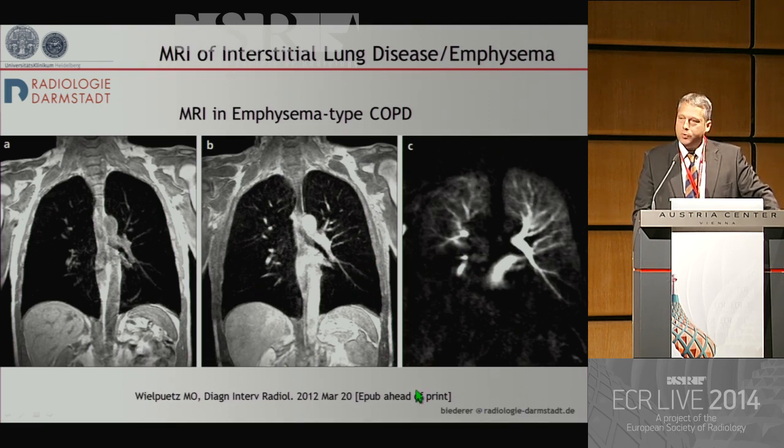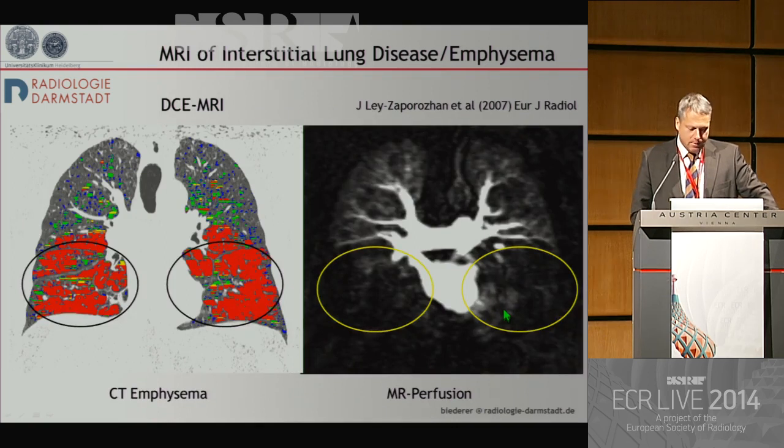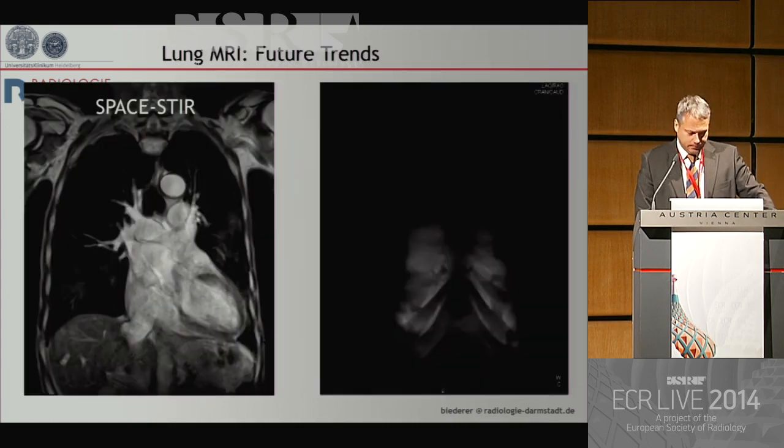But if you look at the perfusion part of it, or if you do a subtraction in the maximum phase, you would also get an idea about emphysema, and this was nicely evaluated in a work of Yulia Zaporoshka in 2007, presented in the European Journal of Radiology, where she compared CT emphysema evaluation versus perfusion scans, and you finally also get an idea about emphysema in MR.